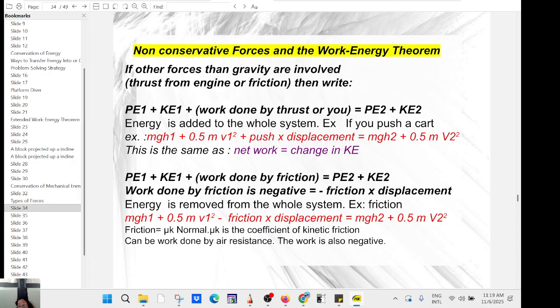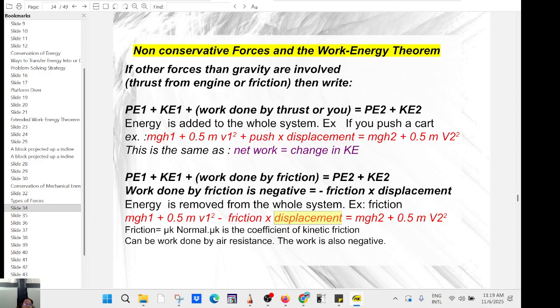So that will be minus friction times the distance. Here it should not be, that's a typo. It should say distance. That will equal the final energy. If they tell you it stops, then yes, the final speed will be 0 and there is no kinetic energy, but it depends on the problem.